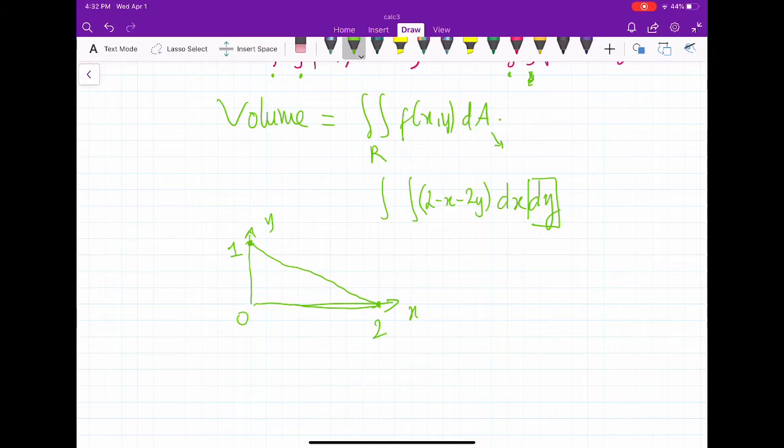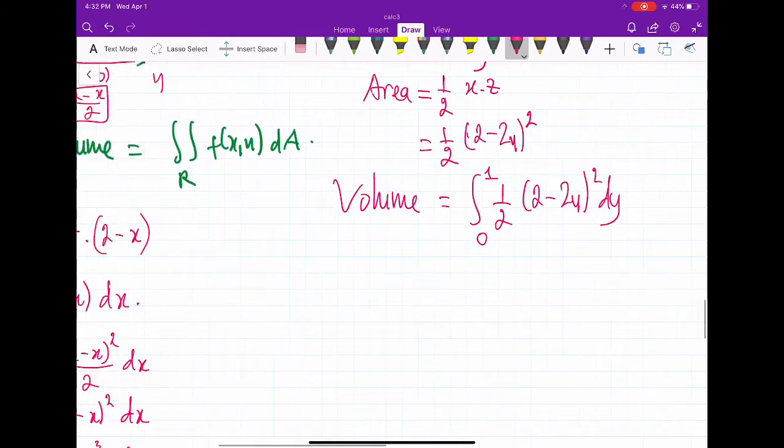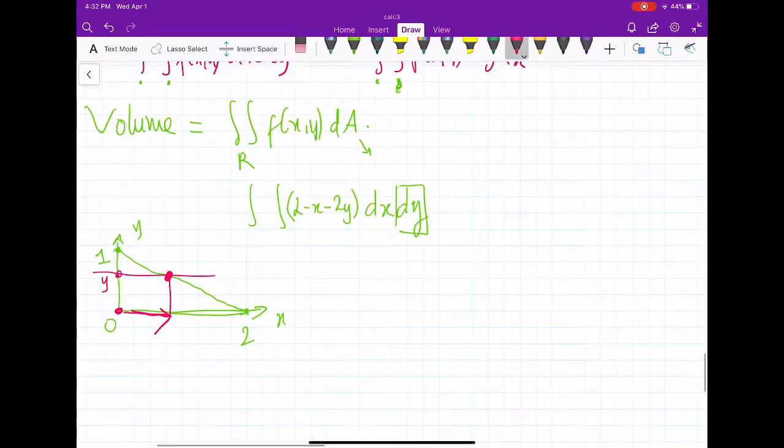If I fix some y right here, x will go from 0 to this point. We already found the coordinate of this point in the previous example. That is 2 minus 2y.